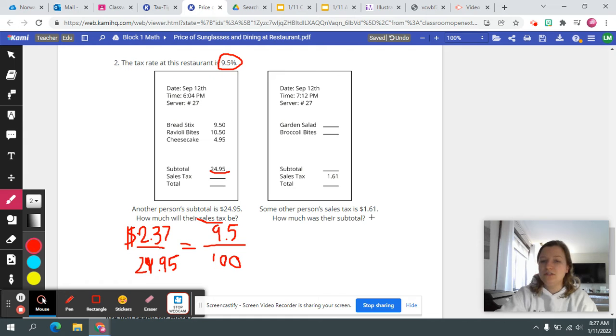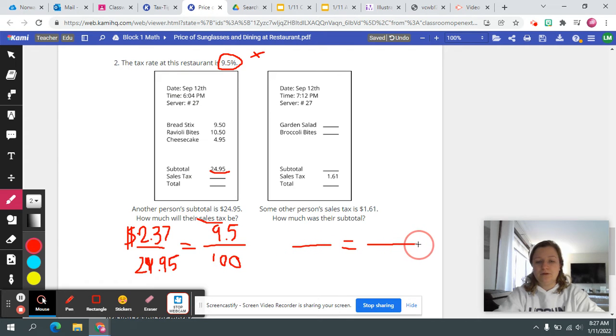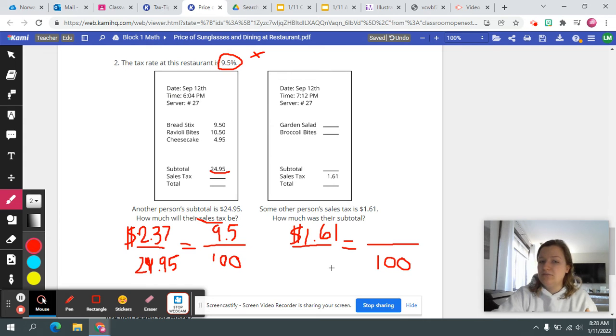So this amount is after that 9.5% increase. So I'm going to set up my proportion a little bit differently for this one. So my 100 is always going to go here no matter what. Now the $1.61 is going to go on top because that's the new amount after. That's what percent of the original?